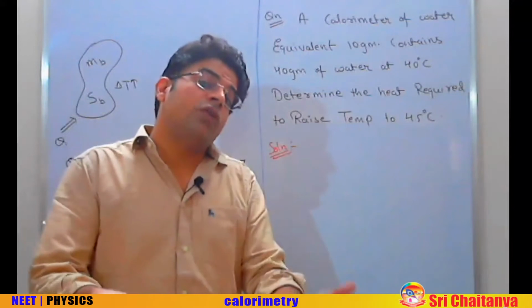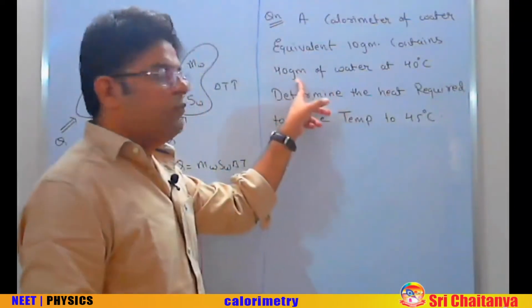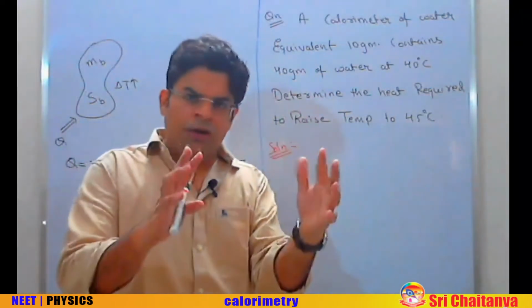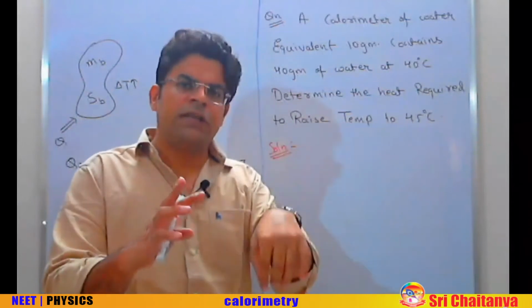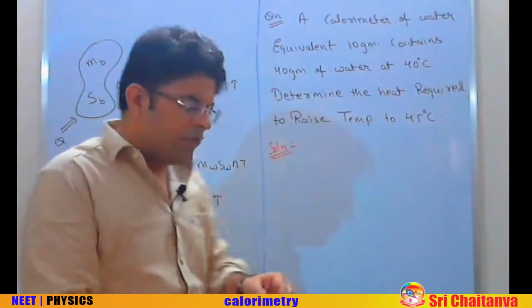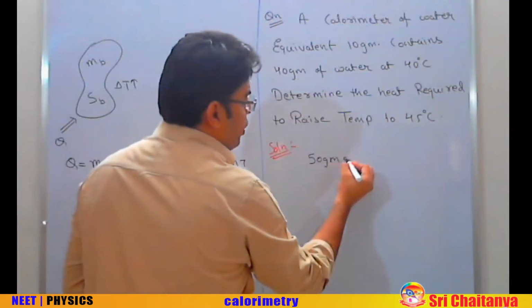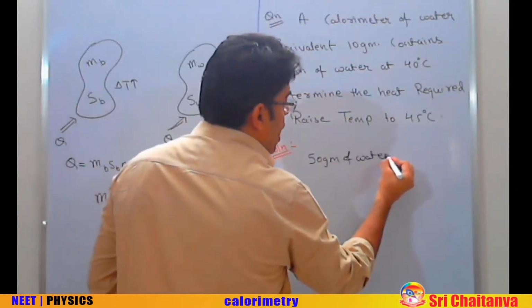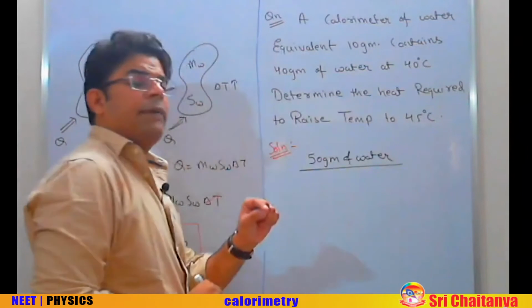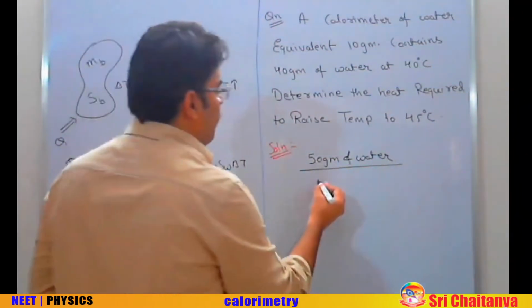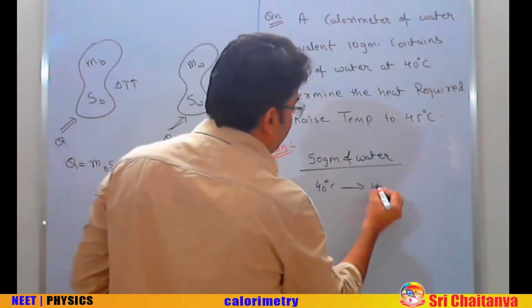And the calorimeter contains 40 gram of water. So the total water, because of calorimeter 10 gram, because of the water inside 40 gram, the total mass is 50 gram. Now, treat it like 50 gram of water, and you wish to increase the temperature of this 50 gram of water from 40 degrees centigrade to 45 degrees centigrade.